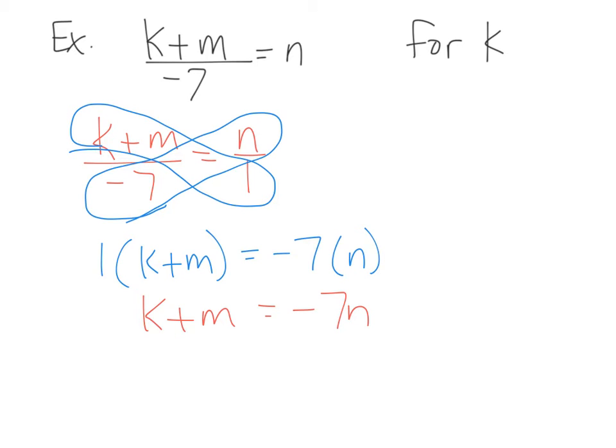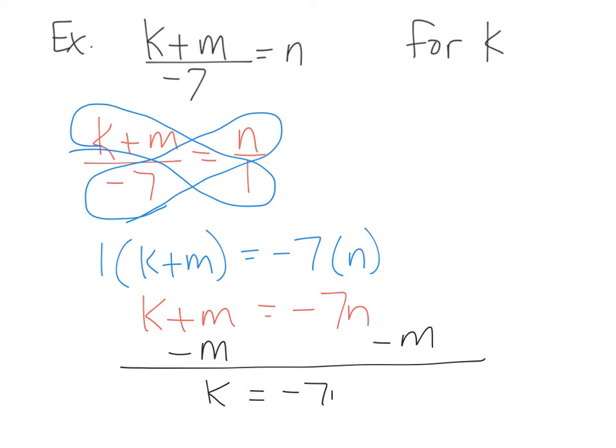There's only the m that I need to move, so I'm going to subtract it since it's positive. Now it's going to look a little different, so I'm left with k over here. Over here, I have a negative 7n minus m. I cannot combine those. That would be the answer because m and n are different. So that would be the answer to solving for k.